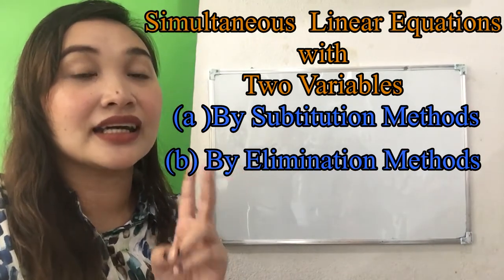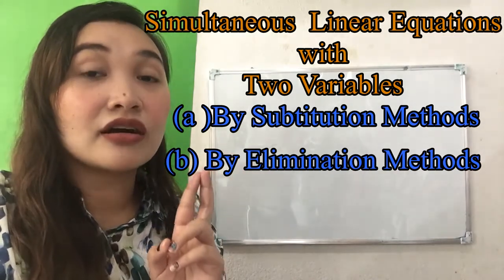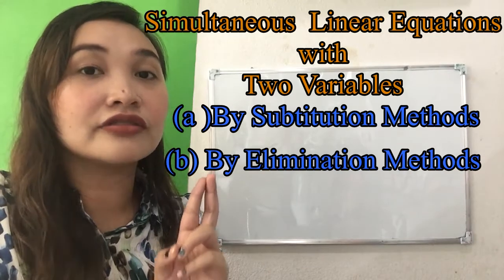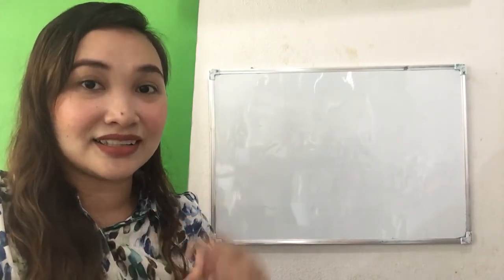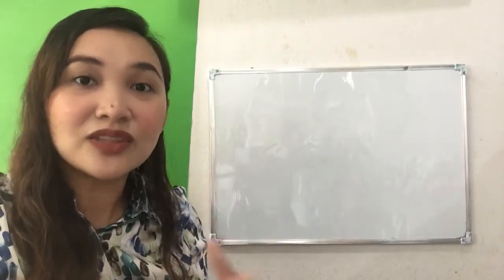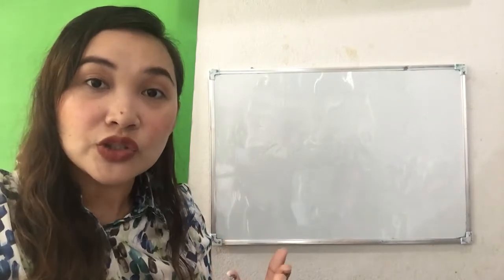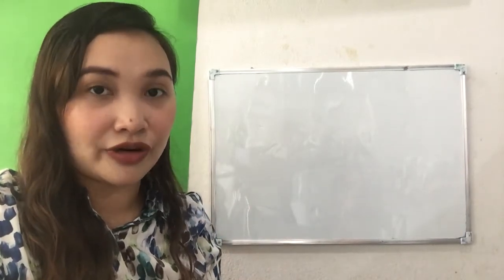Second, by elimination. To check the pair of values of our two equations, so that we can say that the two equations are simultaneous linear equations with two variables.